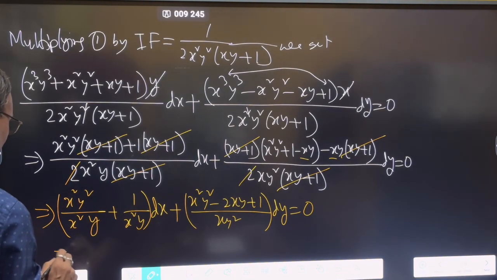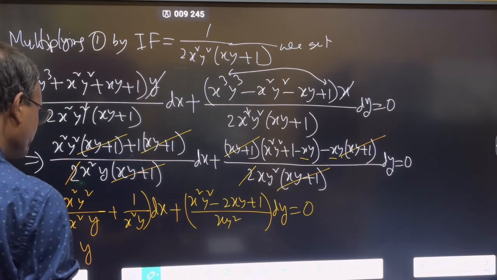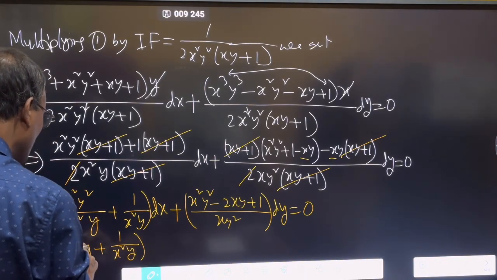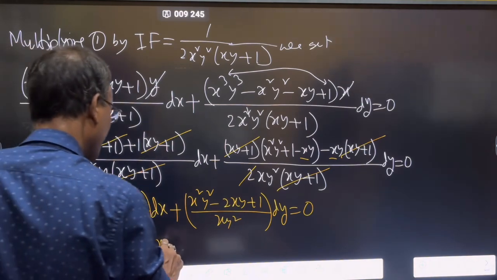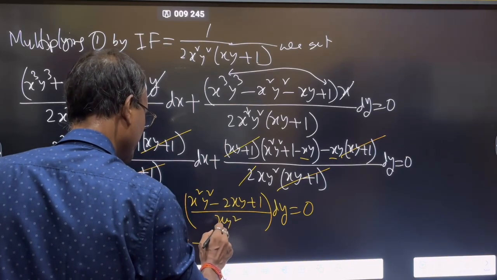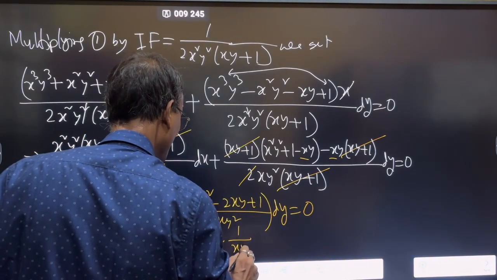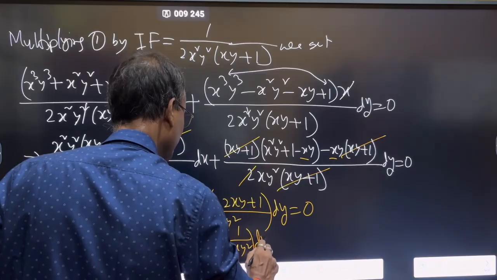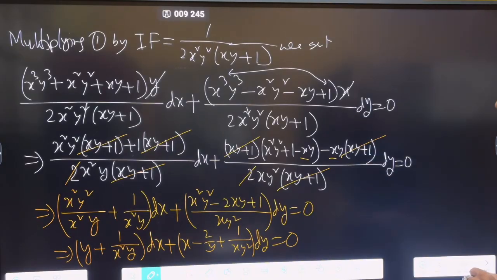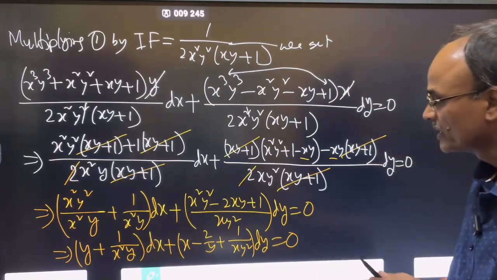Or you may write it will be y plus 1 by x square y whole thing into dx, plus this divided by this, it will be x minus 2 by y plus 1 by xy square dy equal to 0. Right? This by this minus this by this plus this by this, in this way.